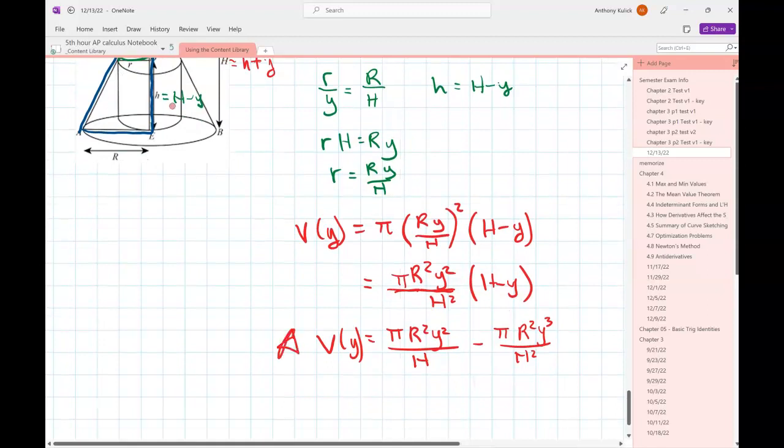So this is what I would be using to do my differentiating, just to avoid having to do product and chain rules and stuff. Are we cool with that?